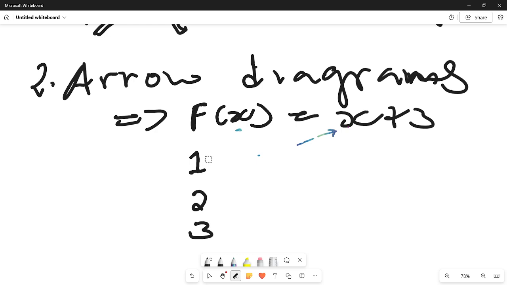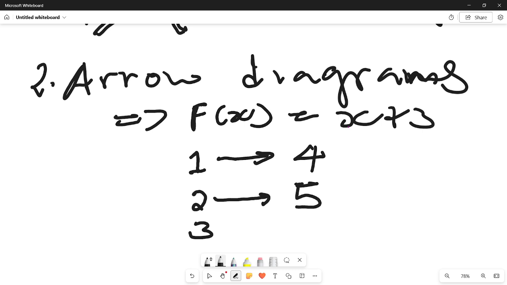Okay, so let's map that one. So we're going to have 1 mapped to 4. So in this case, we are representing a function using arrow diagrams. So 2 will be mapped to 5, because 2 plus 3 gives us 5.